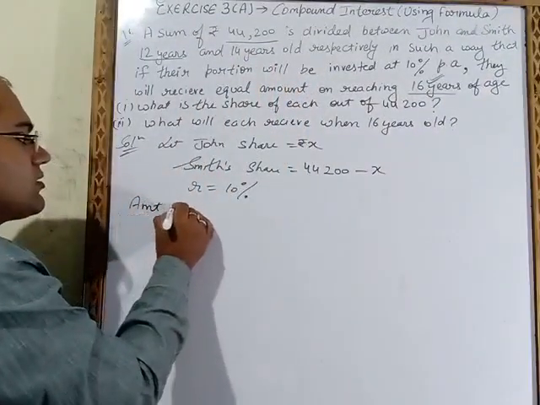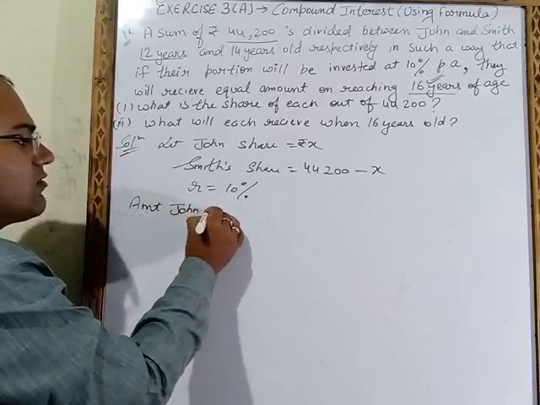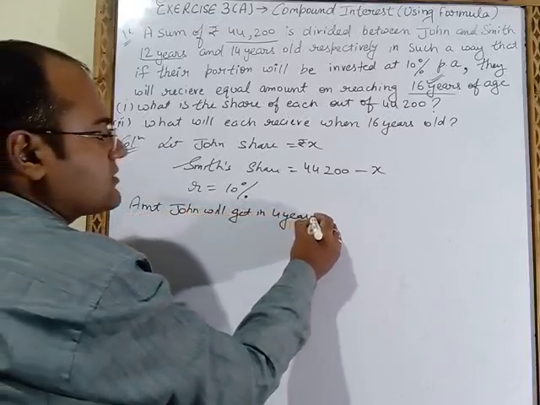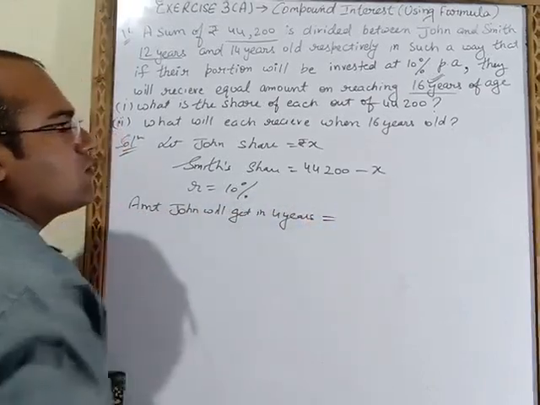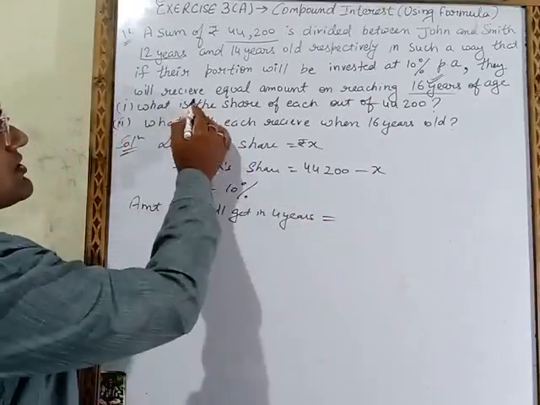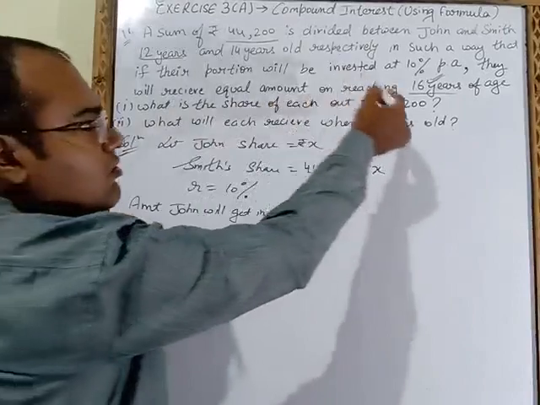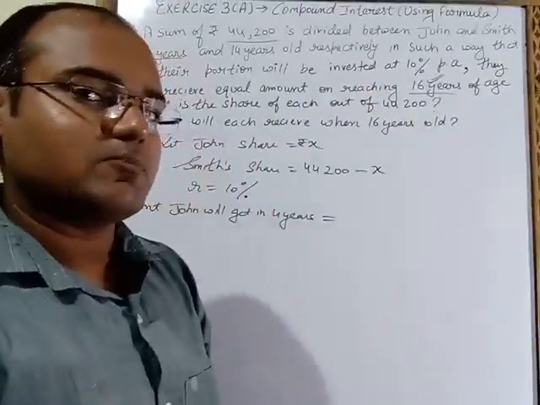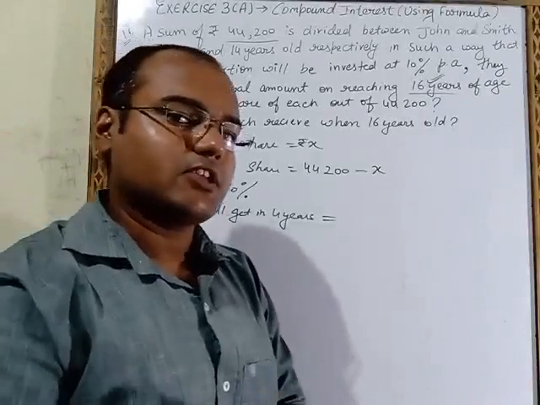That means what you have to write? Amount John will get in 4 years will be equal to, why am I taking this? Because he said both will receive equal amount on reaching 16 years of age. When both will be of 16 years, both will get the same amount.